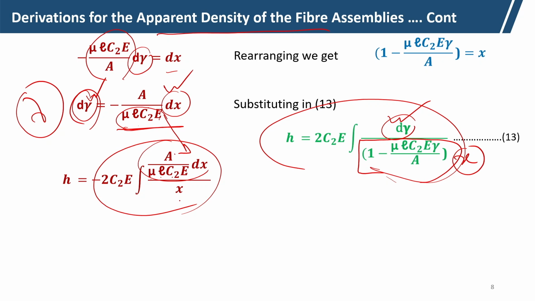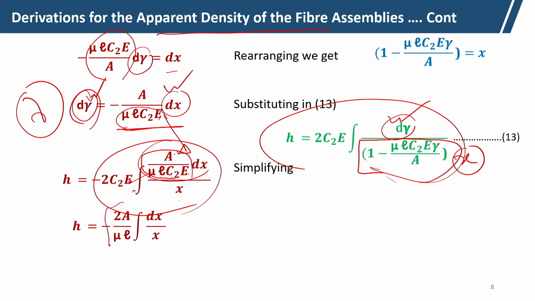So, this is the relationship, and we are now trying to simplify. These are all constants, so they will go outside. So, dx by x. After cancelling out, the E will get cancelled out, C2 will get cancelled out, most of the things will get cancelled out here.